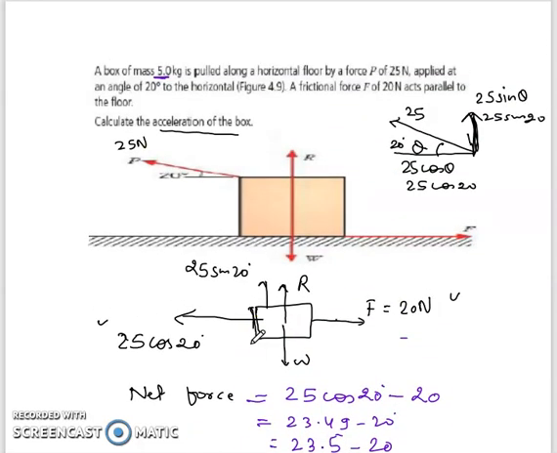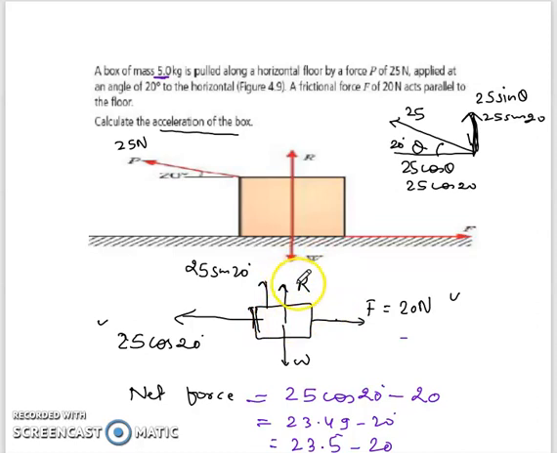So first of all, we need to resolve the force into its horizontal and vertical components. Then check which component is required as per the question. In this question, if they ask how to find the normal reaction, then we can go for the vertical component, which is 25 sin 20 plus R is equal to W. W is M into G, where M is given already, and G you can take as 10 or 9.8.